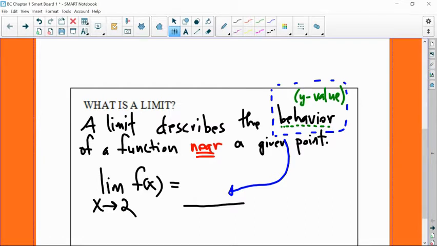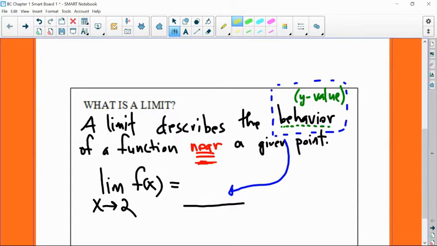It's talking about a behavior, right? And a behavior of a function is the y value. So you're trying to figure out the y value of a function, and notice how I put in red near a given point. And so you don't want to be at the point. A lot of times the point in question could have some problems, right? Could have things that happen that could cause a function to be undefined.